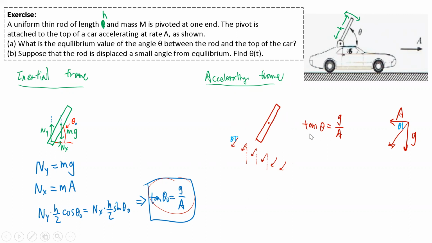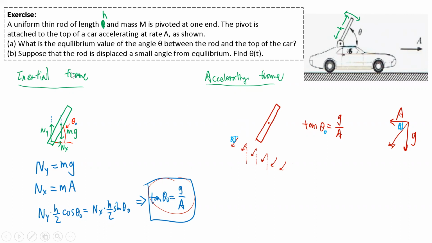So again, I conclude that this tangent theta is g divided by a. So in part A, the two methods are both simple enough.